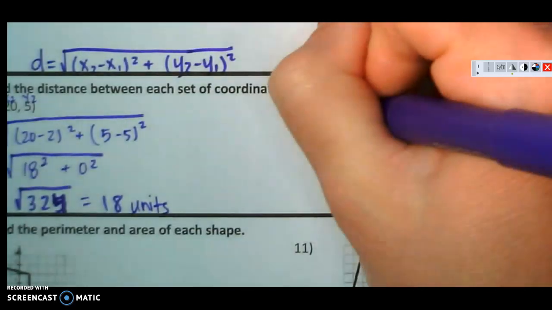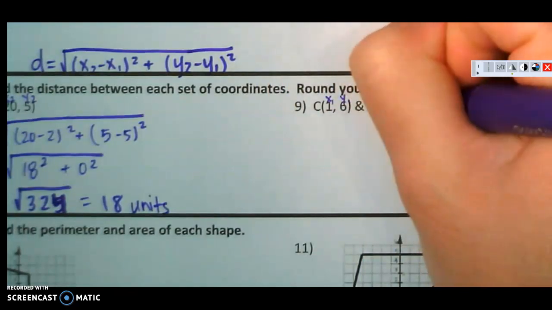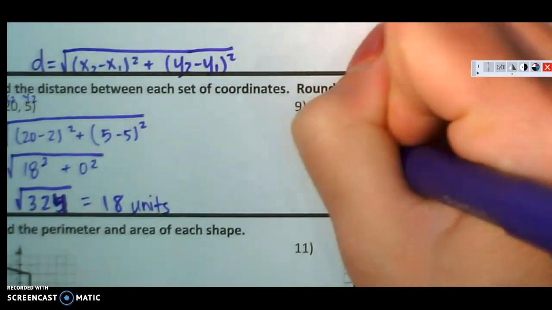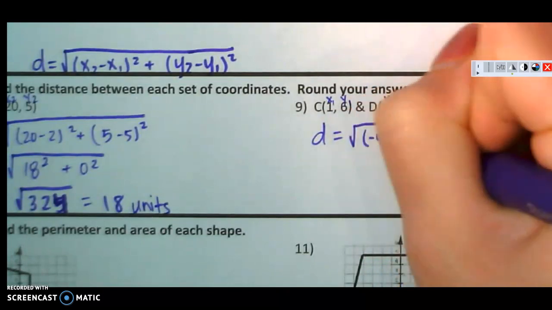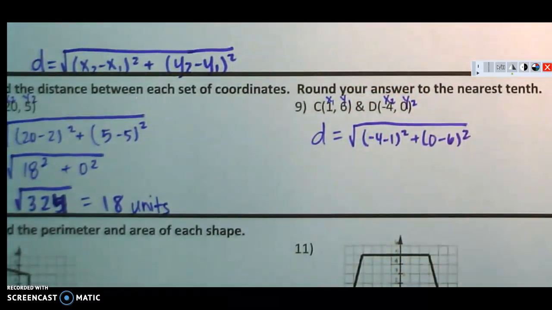All right, let's repeat this process for number 9. We have our first x and our first y. We have our second x and our second y. So the distance is going to be -4 minus 1 squared plus 0 minus 6 squared.